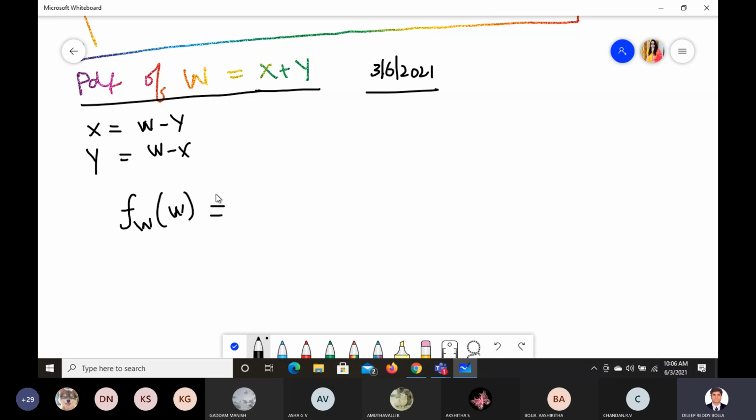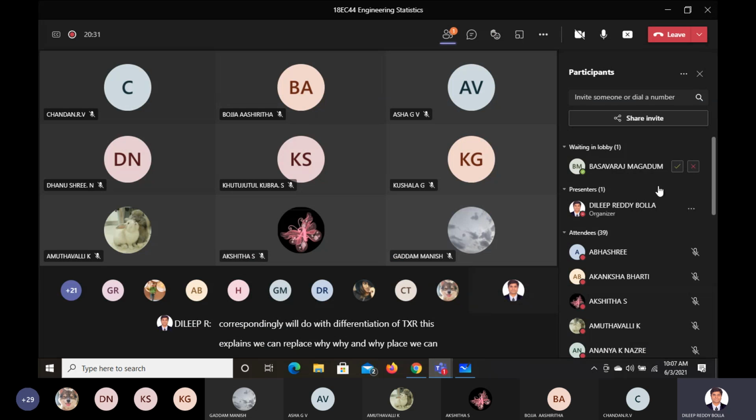This will be the integral from minus infinity to plus infinity of fx of x into fy of y, where y is actually w minus x, with dx. Or we can replace x by y and y by x. We can do it like that also.